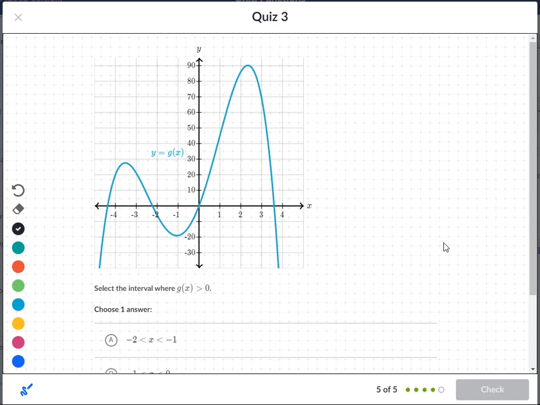Okay, we want to select the intervals where G is greater than 0. So anything that's greater than 0. So these are negative. No, actually positive, because all numbers that are greater than 0 are positive. So this is positive, and this is the negative.